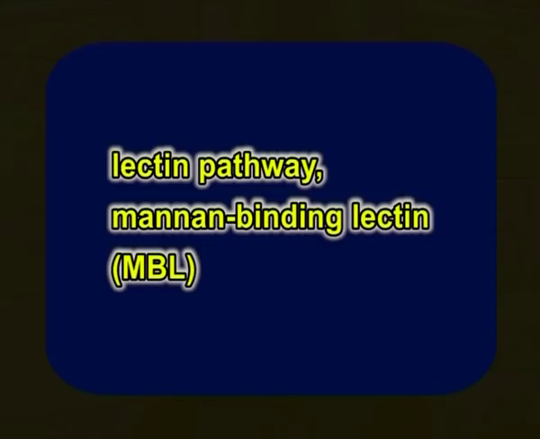If you look at the other pathway, the lectin pathway, the mannan binding lectin, which is called MBL, binds to the proteins containing mannose residues that are found in some types of bacteria such as Salmonella species.